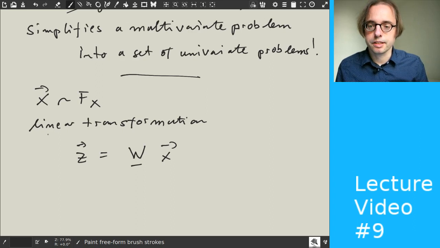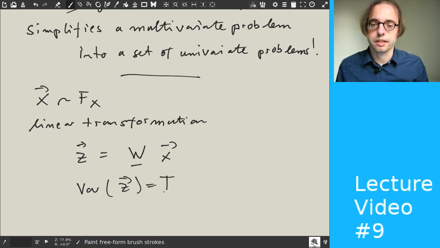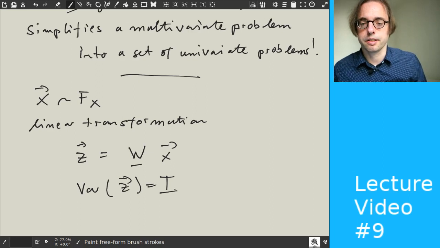And the aim is to have the variance of Z to be equal to the identity matrix.